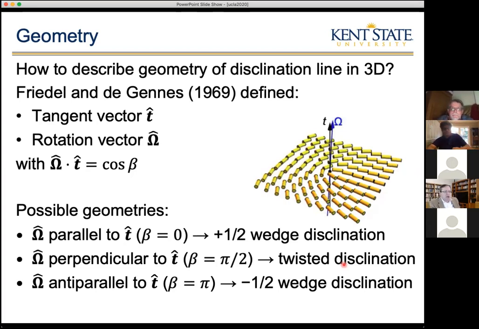Right? So there is this range of structures characterized by the relative angle between the tangent vector and the rotation vector omega, which is a geometric aspect of disclination structure that has been known for a long time. Right?